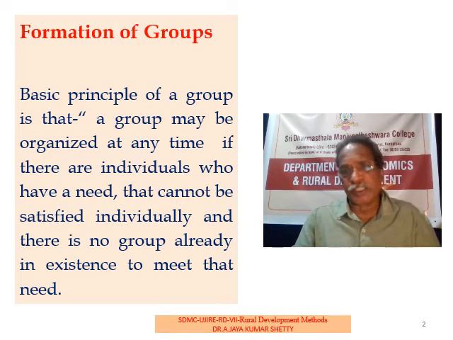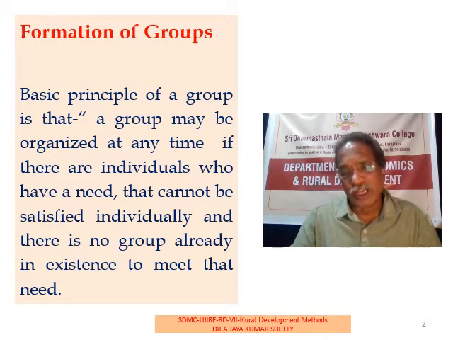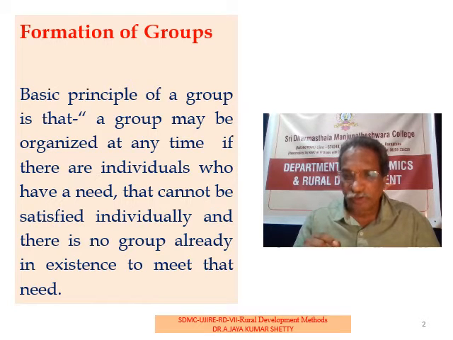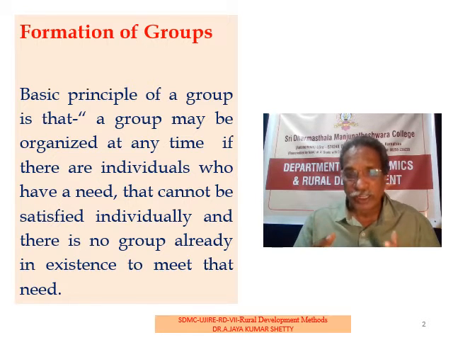So the basic principle of a group is that a group may be organized at any time. If there are individuals who have a need, a challenge, a threat that cannot be satisfied individually, and there is no group already existing to meet that need, in that context, they have to form a group.